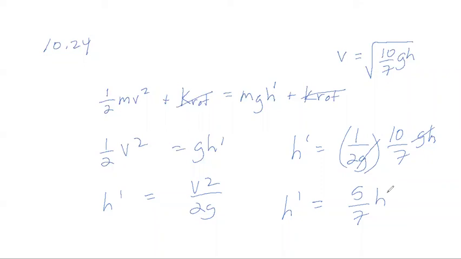So it's not going to go quite as high as it was, because it's not using that rotational energy to make it advance up the side of the bowl, because there's nothing for it to grab onto. So it just spins. Were there friction, it would go just as high on the other side as it came down.